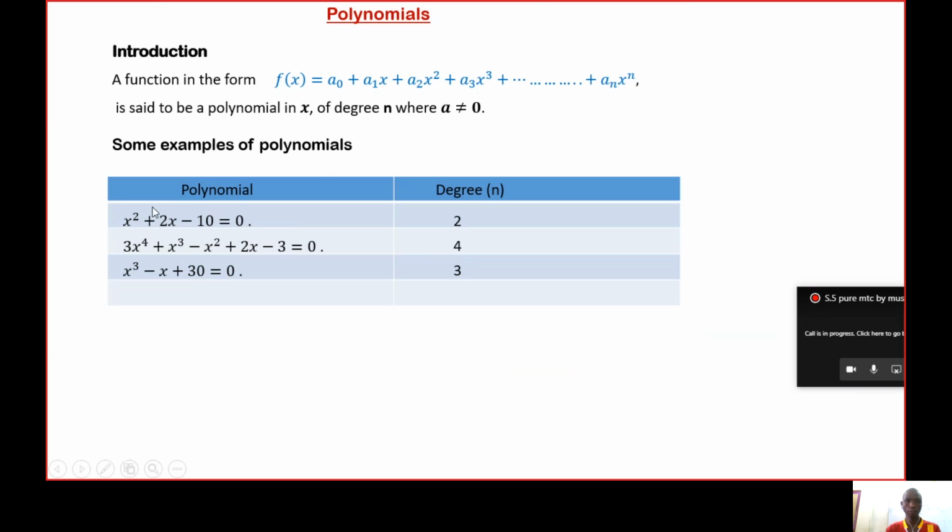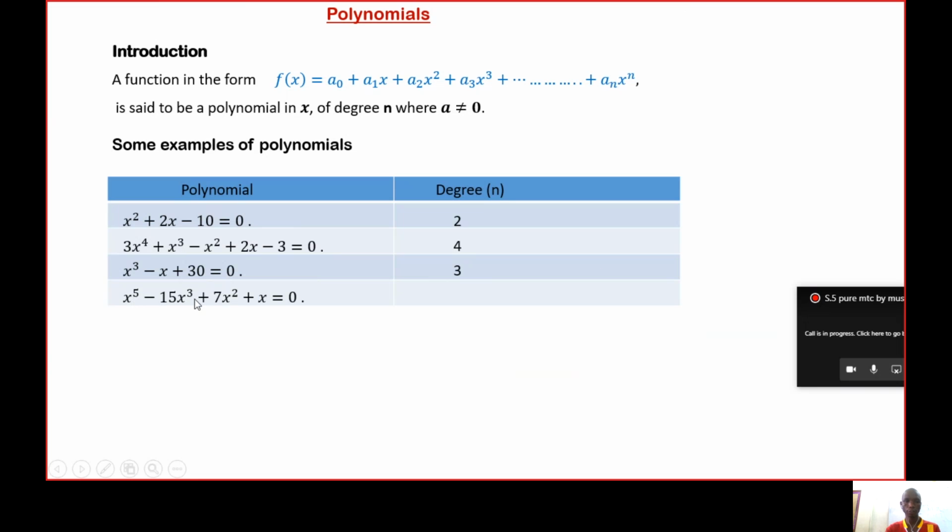Like the first polynomial, the degree is 2. The second polynomial is of degree 4. The third polynomial is of degree 3. So that's how we can look at a polynomial and write down its degree.